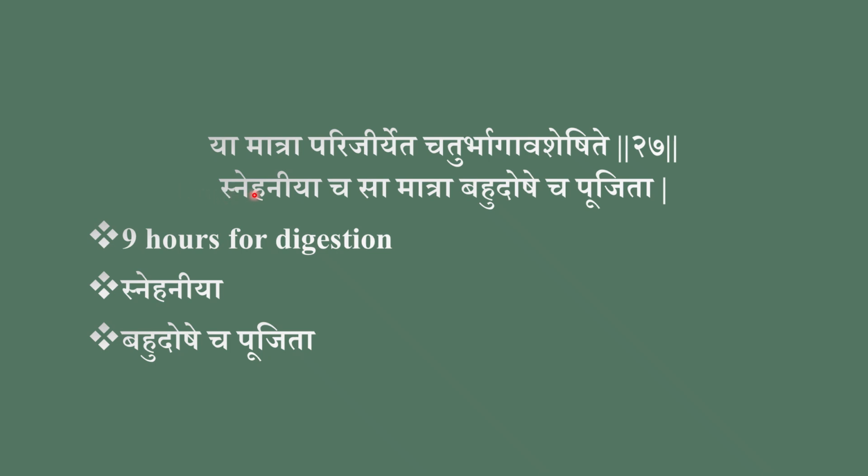So for this also, we have to give the Snehana dose, that is the 9 hours for digestion. So this Madhyamatra is also mentioned by Sushruta. When compared with Charaka, we can say that Sushruta told two types in Madhyamatra: one is the 9-hour digestion, and the second one is the 12-hour digestion.